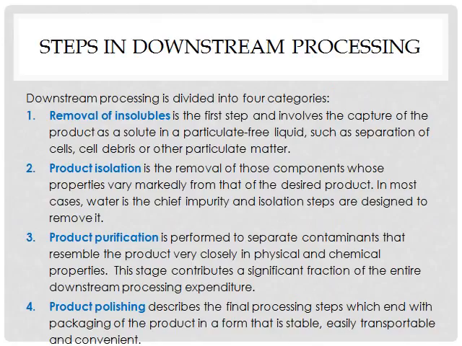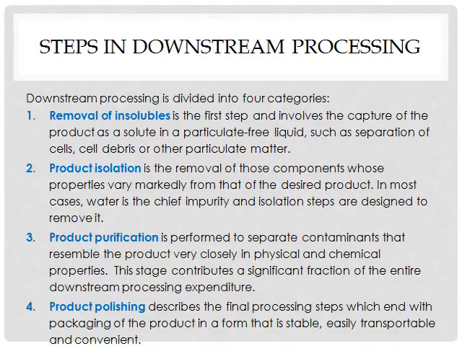Downstream processing is divided into 4 steps. First, removal of insolubles is the first step and involves the capture of the product as a solute in a particle-free liquid, such that separation of cells, cell debris, and other particulate matter is achieved. Second is product isolation. This is the removal of those components whose properties vary markedly from that of the desired product.